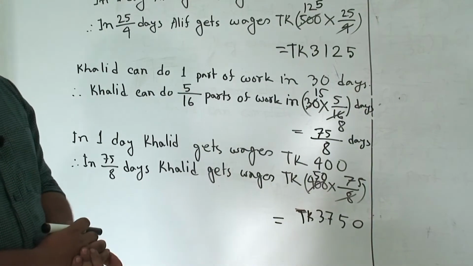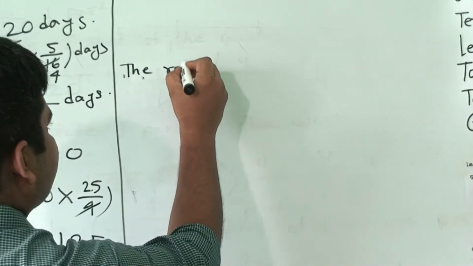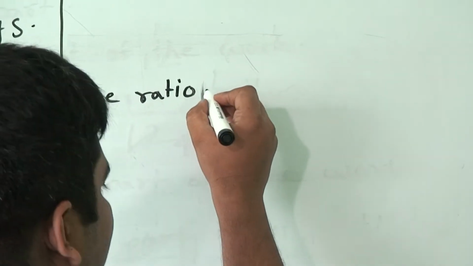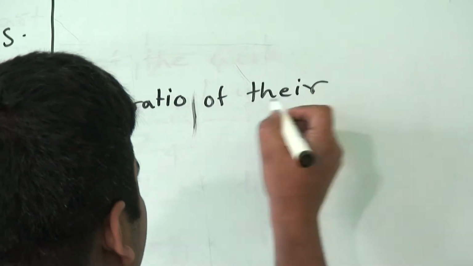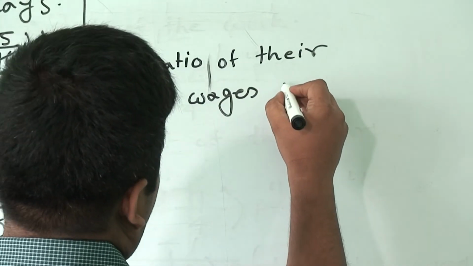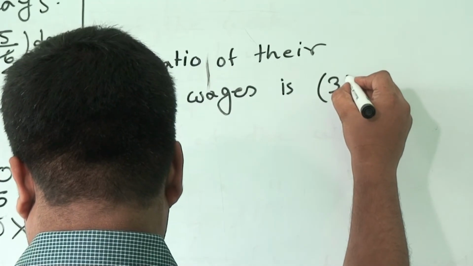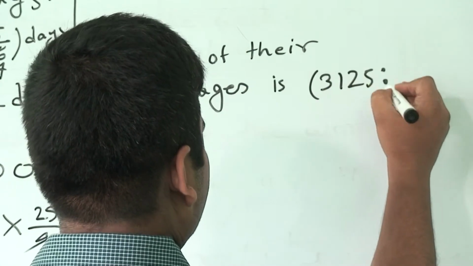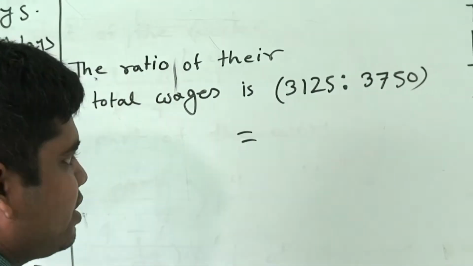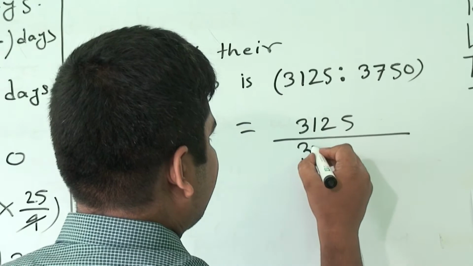Now we find the ratio of their wages. So here I write the ratio of their total wages is 3,125 is to 3,750. That means notice 3125 by 3750.